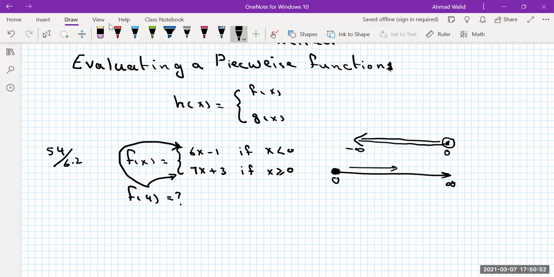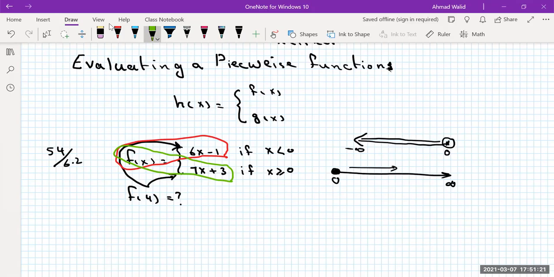That's the main question that you have to focus on. A point is given to me. Should I plug it in? Because you know, each one of them is a function. This one is a function, f of x equals 6x minus 1. This one is another function, f of x equals 7x plus 3. Should I plug 4 into one of them or both of them? Or if one of them, which one?